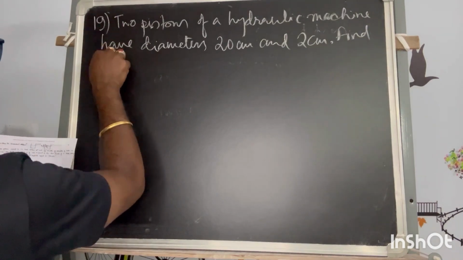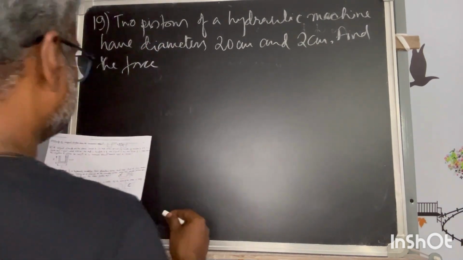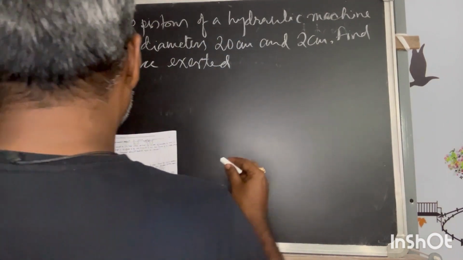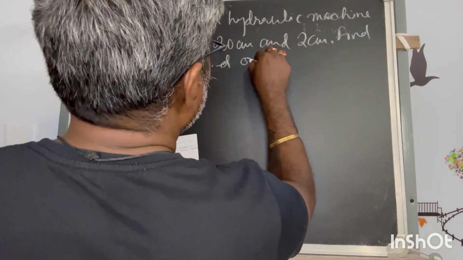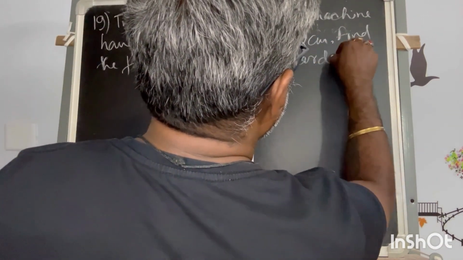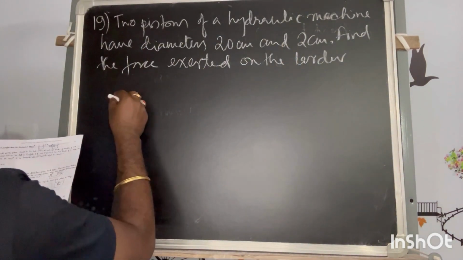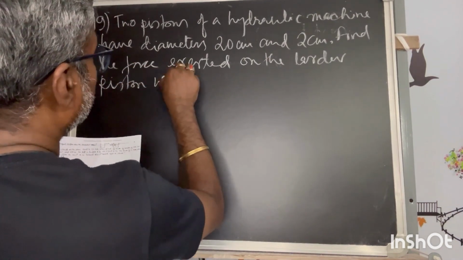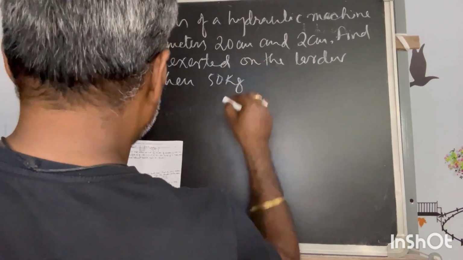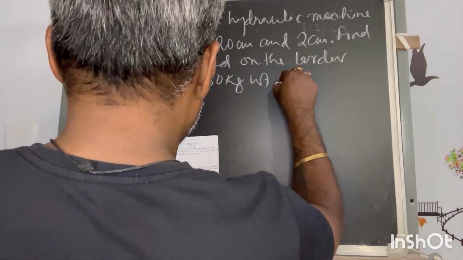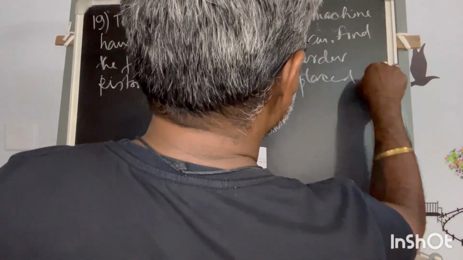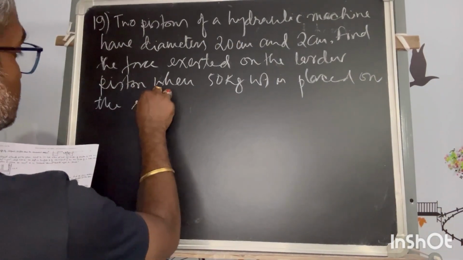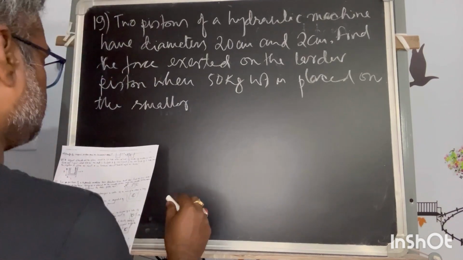Find the force exerted on the larger piston when 50 kg weight is placed on the smaller piston.